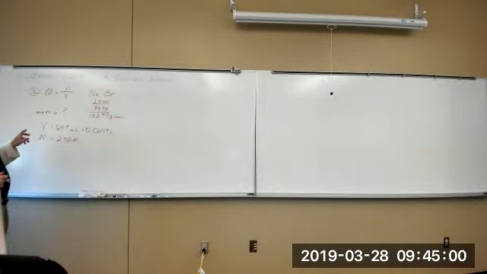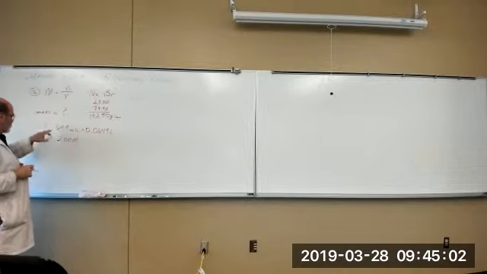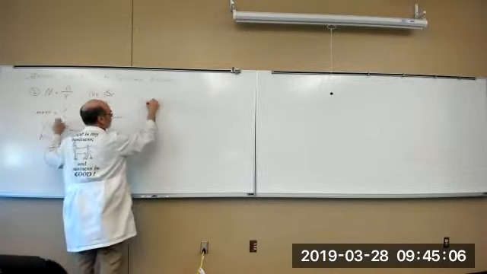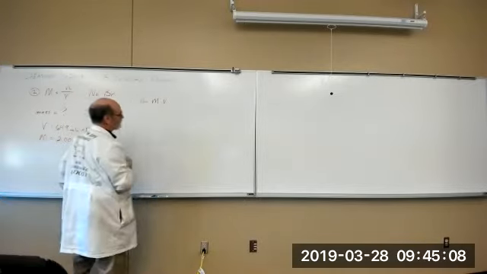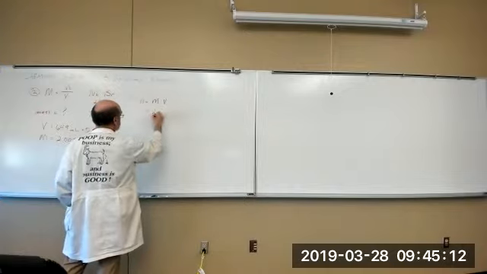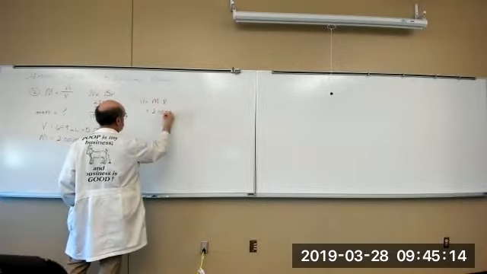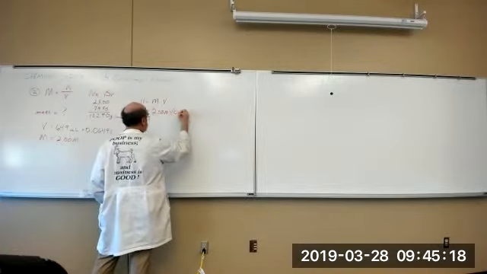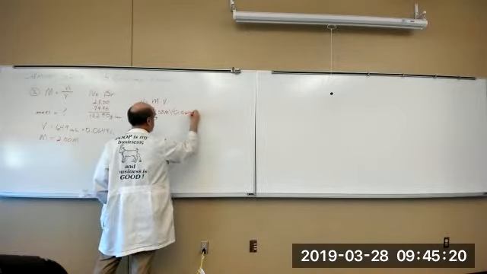So now, if we're going to mass, we've got volume and molarity. We're going to solve for moles, like that. Then we're going to fill in the information that we have. 2 molar here, and volume is 0.049 liters.